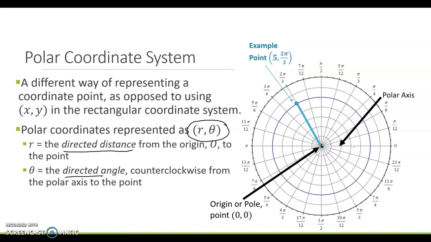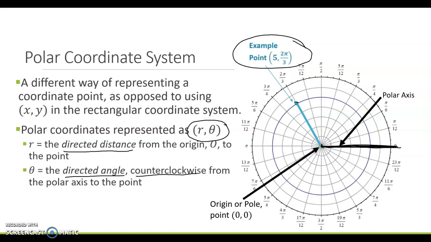Theta then is the directed angle counterclockwise from the polar axis. The polar axis starts at the origin and extends out to the right. It's kind of like our positive x-axis. So that's the polar axis that I just highlighted there. So let's look at this example point real quick.